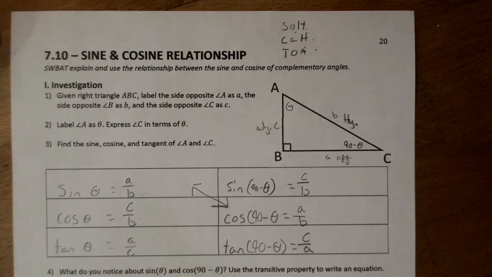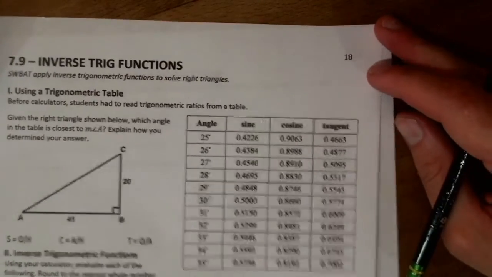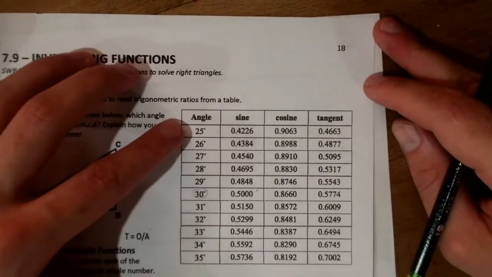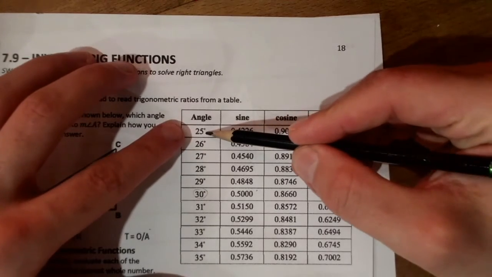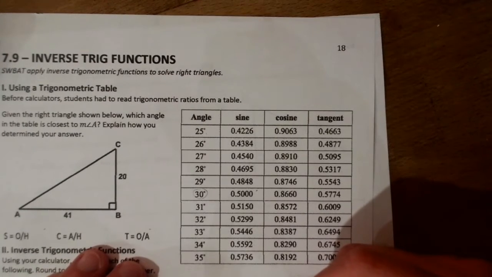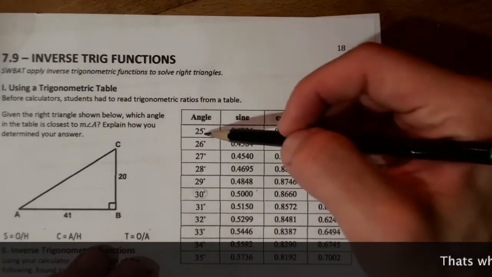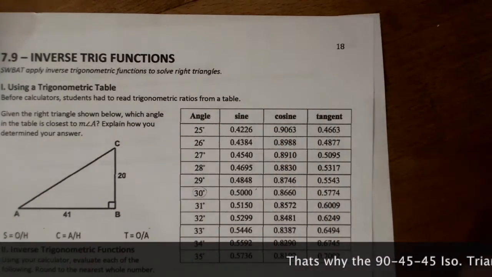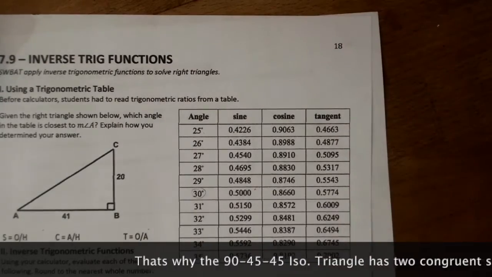They're essentially opposites. For instance, if we take a look at the chart from last week, that long one that kids used to have taped to their tables, and take the opposite values, like sine 25 and cosine 65, 25 plus 65 equals 90, they'd end up with the same value.